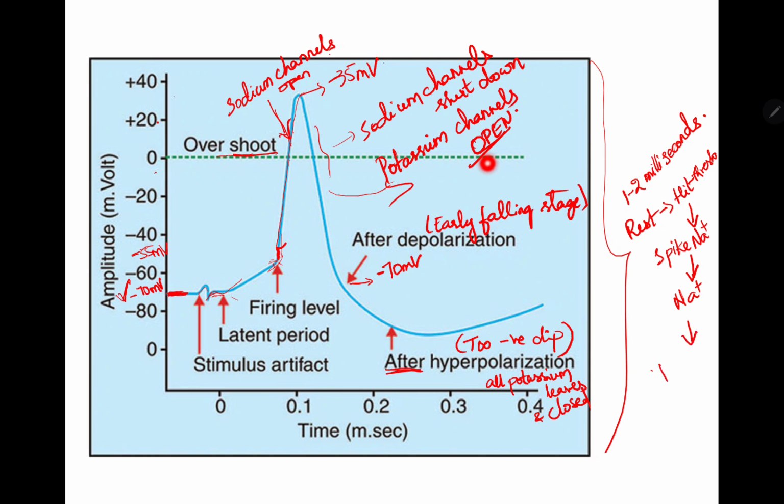Then the drop of potassium channels can be seen, after which potassium leaves the nerve. Overshoot takes place, and then after hyperpolarization.